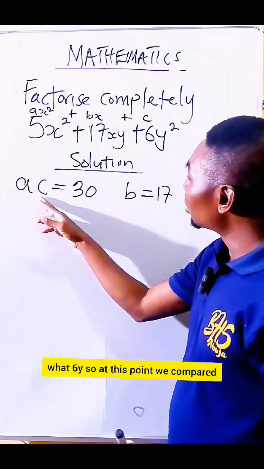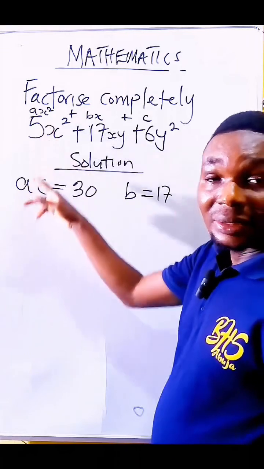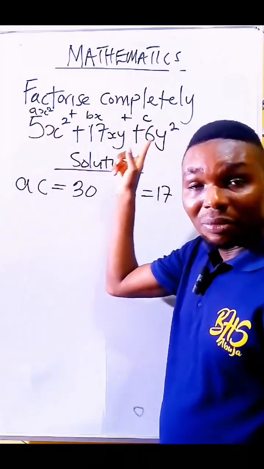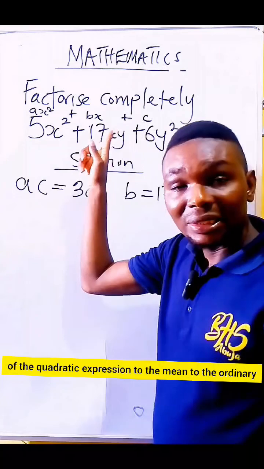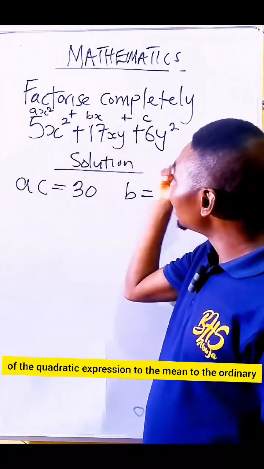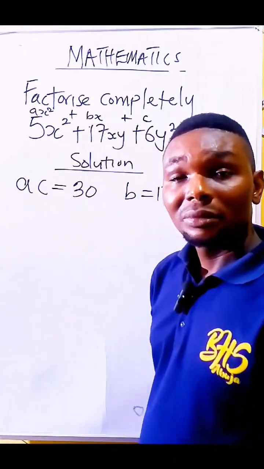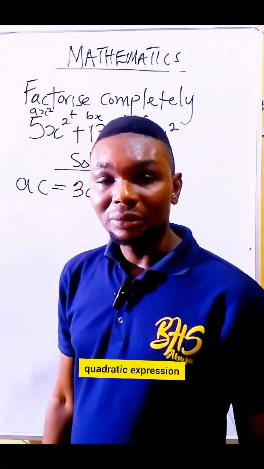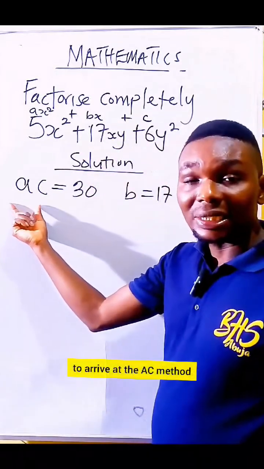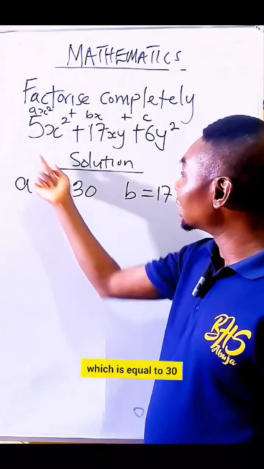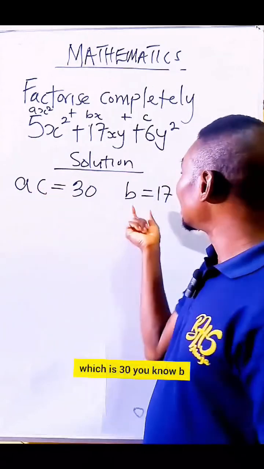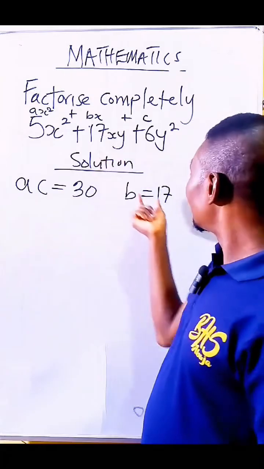At this point, we compared the standard form of the quadratic expression to the ordinary quadratic expression to arrive at the AC method, which is equal to 30. That is 5 times 6, which is 30. Then our B, which is the middle term, is 17.